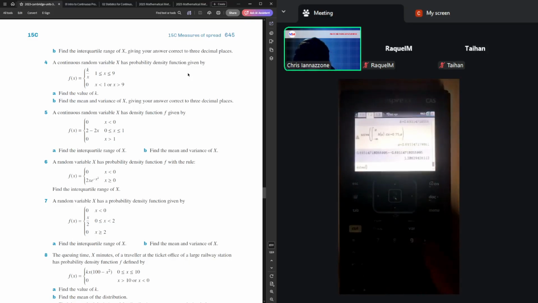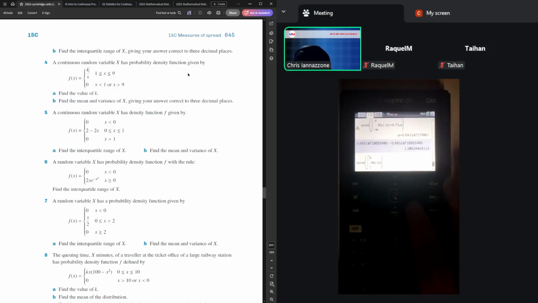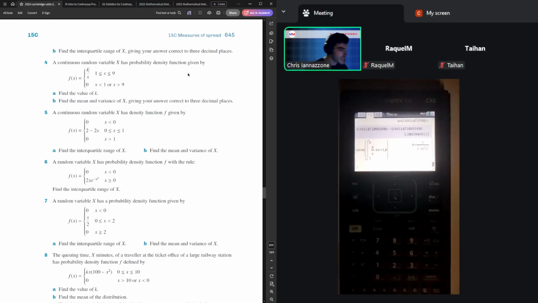So, CAS solve, shift plus for the integral, 1 to 9 is the domain. The function is k over x dx. It's going to equal 1, and we're solving for k. And that gives us our k value.